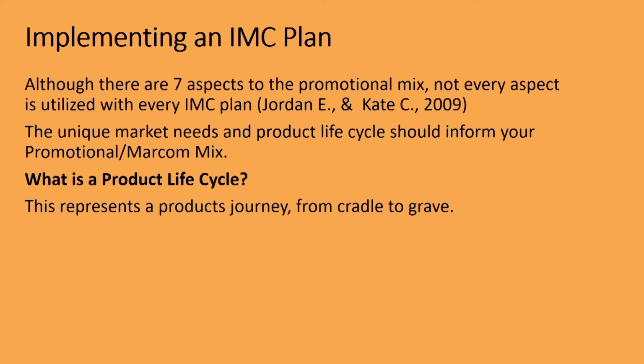Cradle to grave is just a metaphorical, creative way of looking at a product from the time it is being born, cradle, to the time that it probably dissipates in the market, or people are no longer interested in the product, depending on the context again.